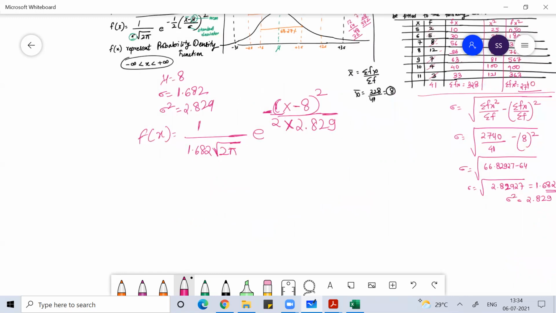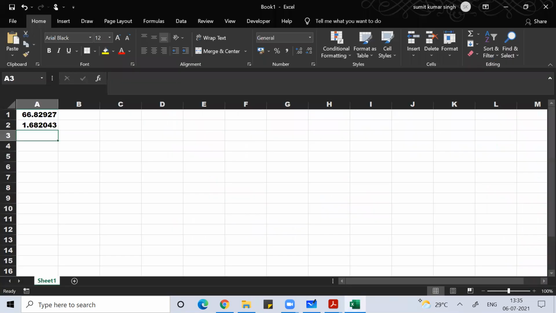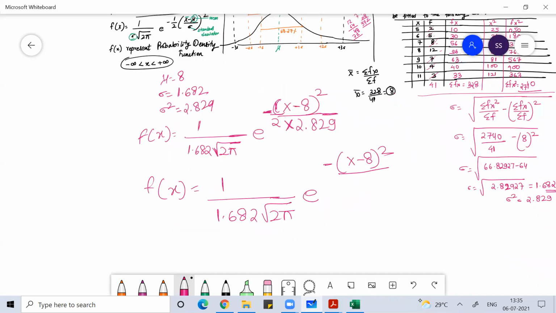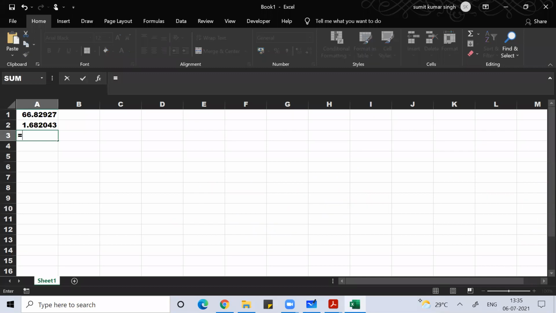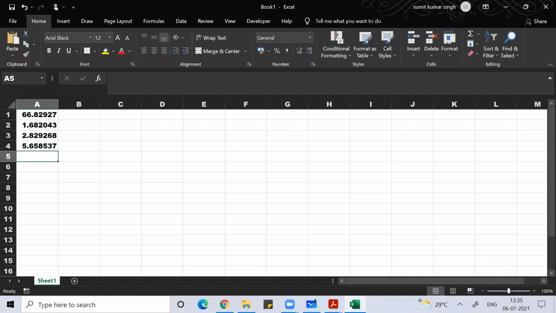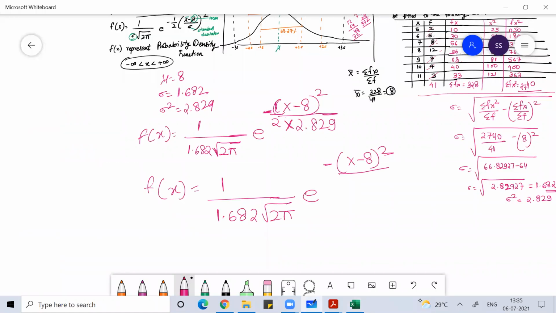So you can write this as f(x) is equal to 1 by 1.682 root 2 pi, e to the power minus (x minus 8) whole square divided by 2 into 2.829, into 2, this square. 5.6585.